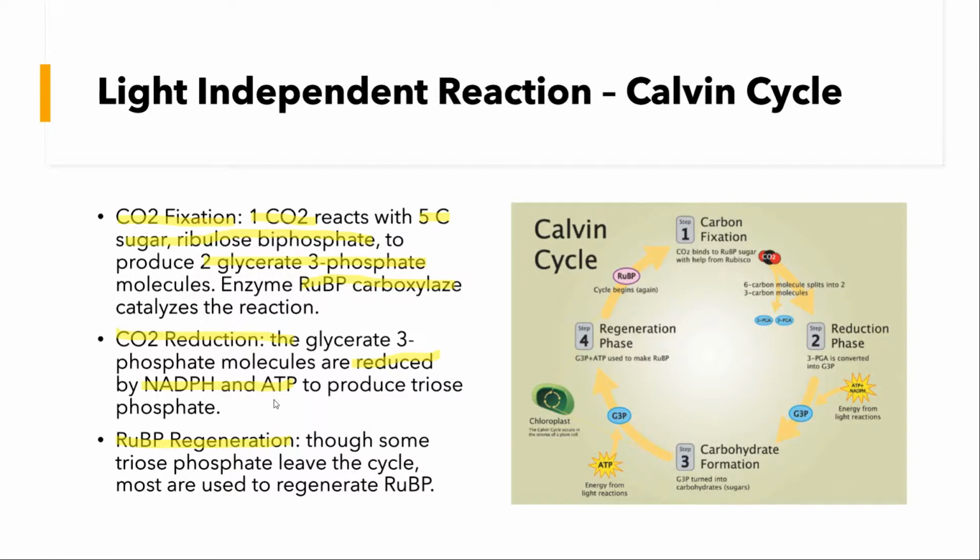NADPH comes from the light-dependent reaction, the non-cyclic one, and ATP comes from both of the cyclic and non-cyclic reaction. Lastly, we have RUBP regeneration. Though some triose phosphates leave the cycle to produce glucose, amino acids, or lipids, most are in fact used to regenerate RUBP, so the cycle can continue and so on.